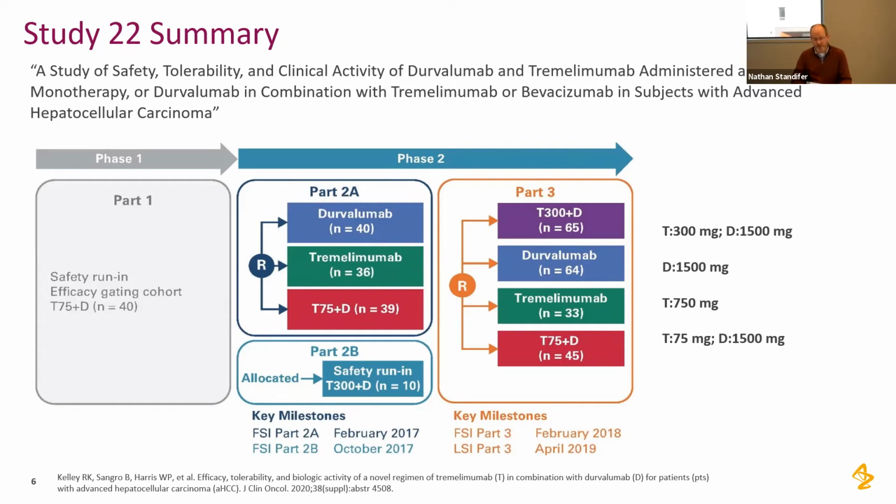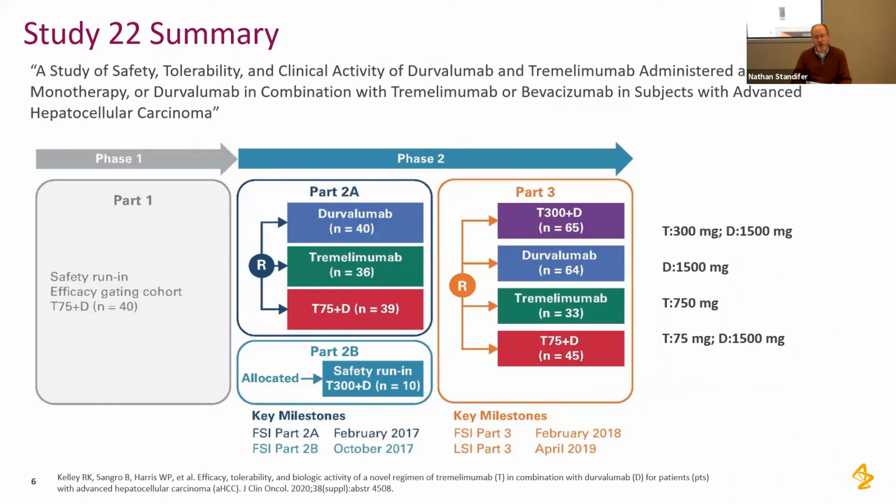In the durvalumab monotherapy arm, patients received 1,500 milligrams of durva every 4 weeks, also known as Q4W, for 1 year. Patients receiving tremelimumab monotherapy received 750 milligrams Q4W for 7 doses, and then they received a Q12W regimen. There were 2 combination therapy arms.